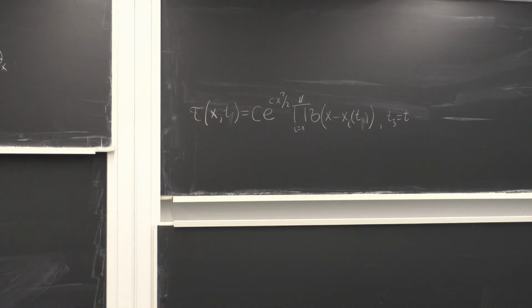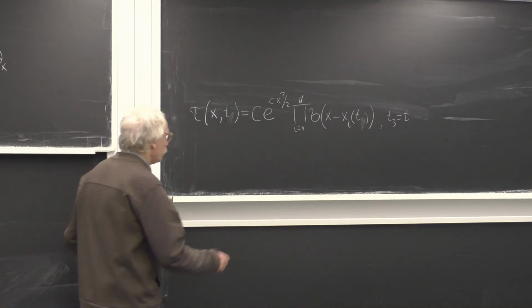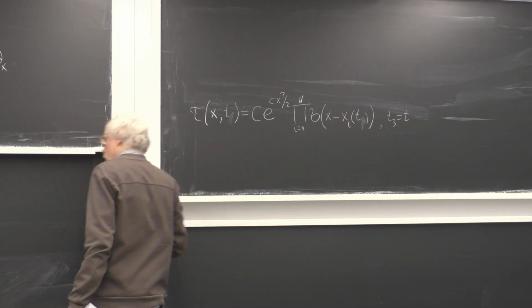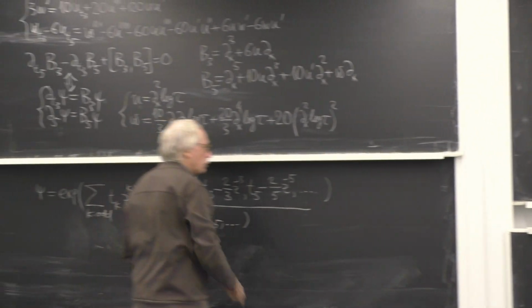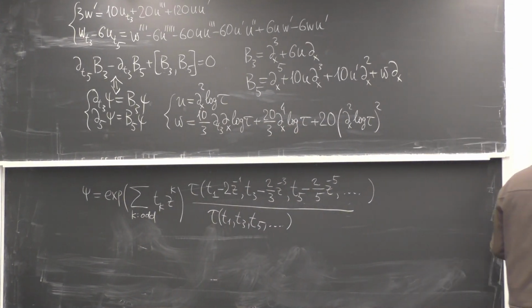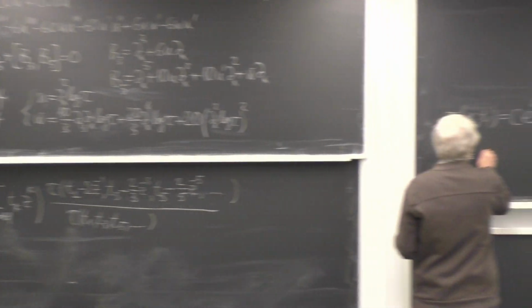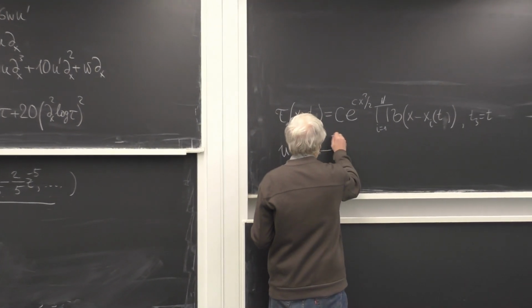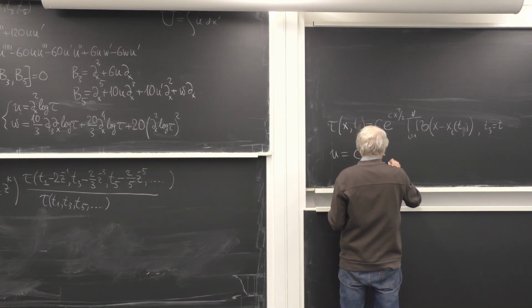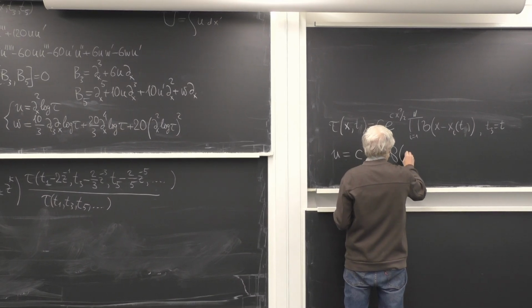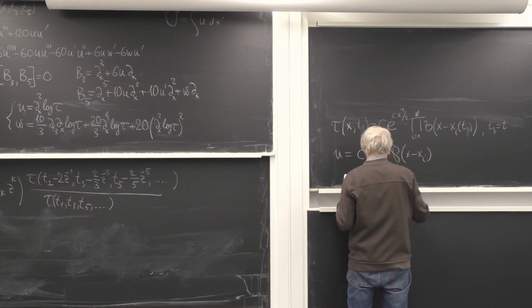Then, if you make such ansatz for tau function, then u has the following form.